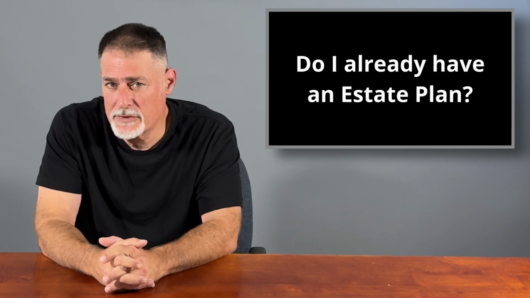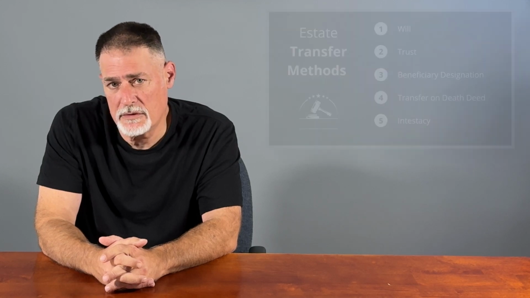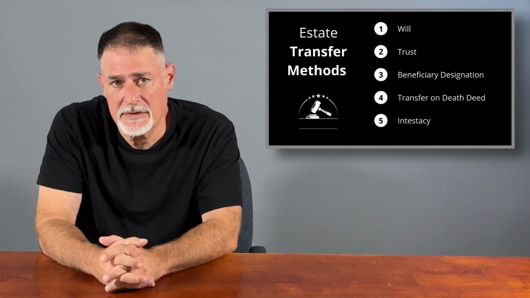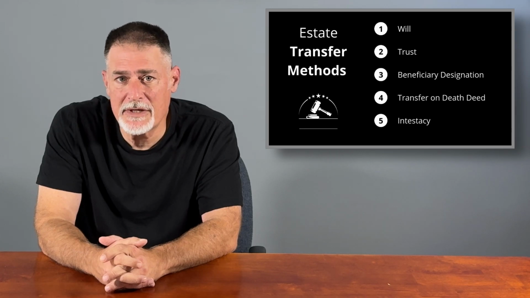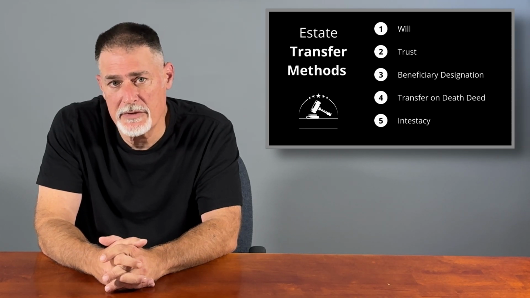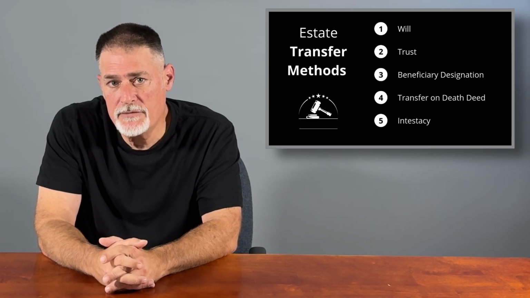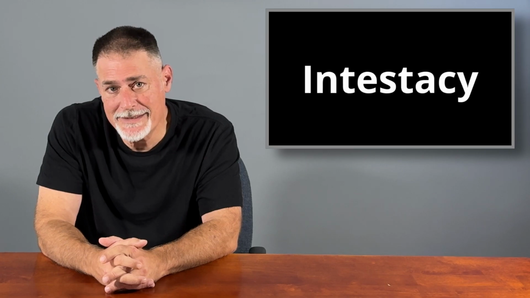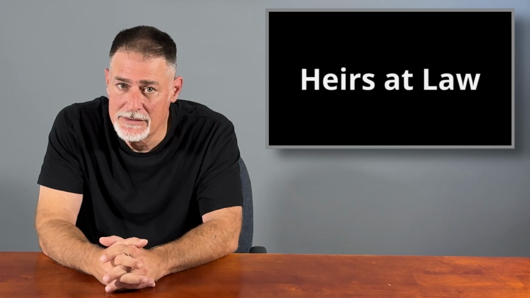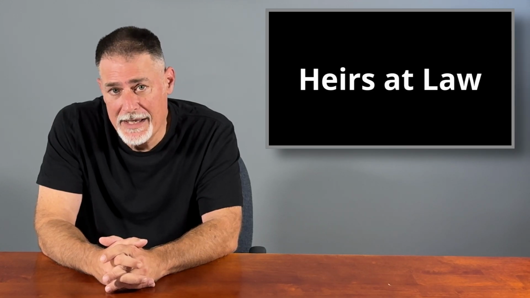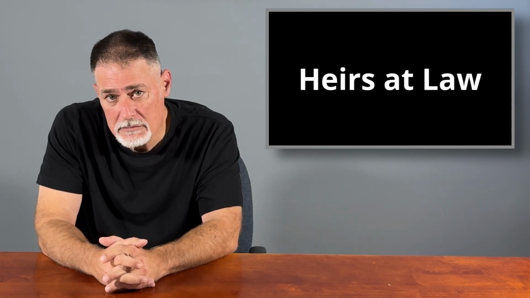But it is important to know that if you choose not to have a will, if you choose not to have a trust, if you choose not to identify beneficiaries through the contracts you have with life insurance companies, annuity companies, with financial institutions, if you choose to do nothing, know that the state of Texas will provide certain laws referred to as descent and distribution, commonly known as intestacy, and they will pass your assets according to law.